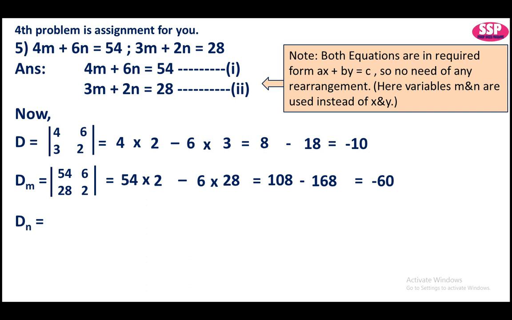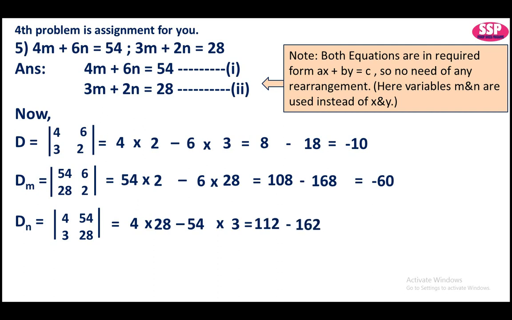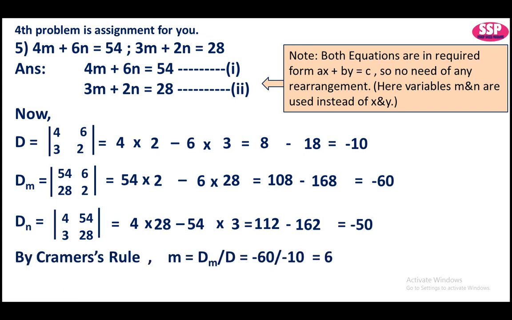Now dn is equal to, keep m coefficient as it is. Replace n coefficient with constant and find the value of dn is equal to 4 multiplied by 28 minus 54 into 3 is equal to 112 minus 162 is equal to minus 50.